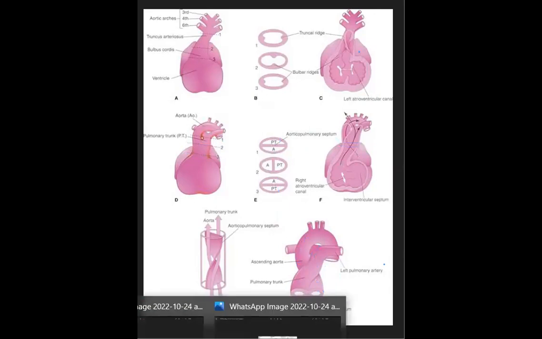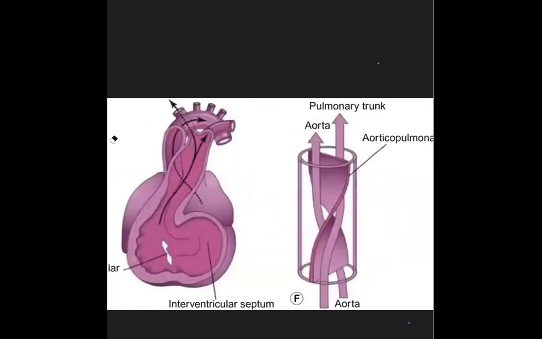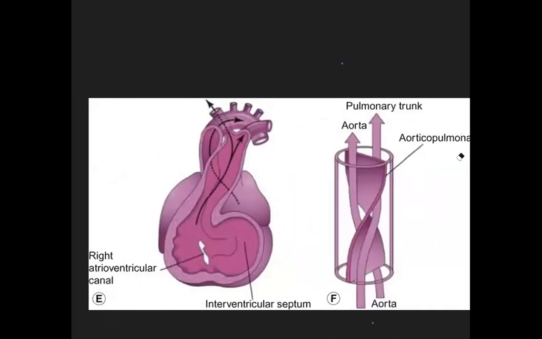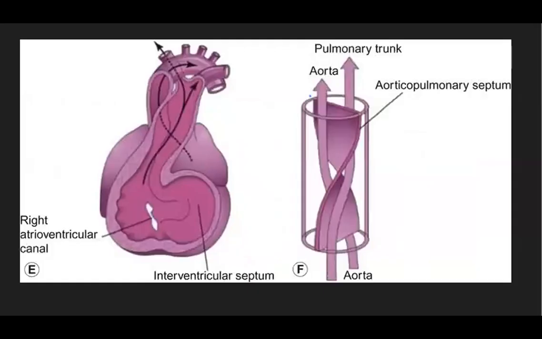Now another picture. You will see it better. Here, pulmonary trunk, aorta.